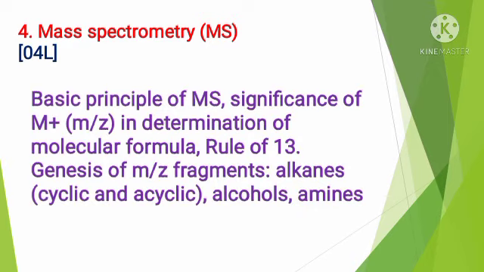In this unit, we study the basic principle of mass spectrometry, then the significance of M plus and m/z in determination of molecular mass, then the rule of 13, then the genesis of m/z fragments using alkane, alkene, cyclic, acyclic, alcohols and amines.